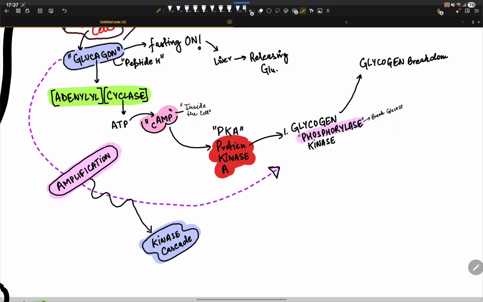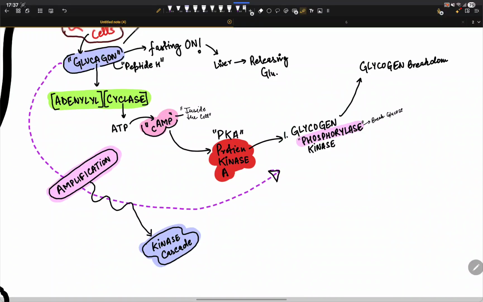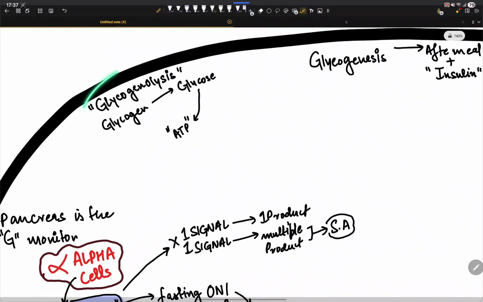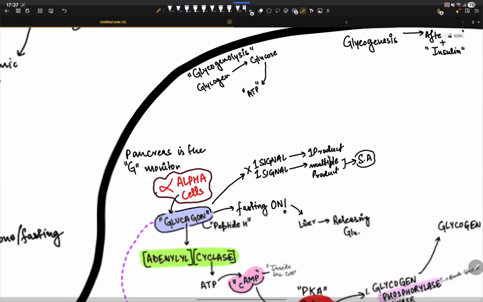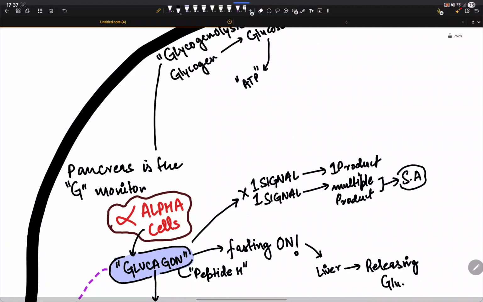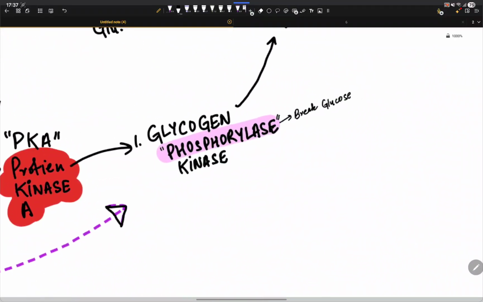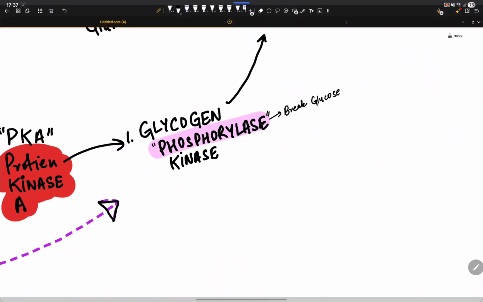Let's talk about glycogen phosphorylase. This is an enzyme that actually performs glycogenolysis. Glycogenolysis happens because of glycogen phosphorylase kinase. Now, question: what reaction does it perform? What's happening chemically?